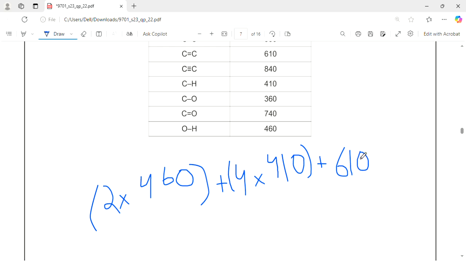So what is the value of this calculation?